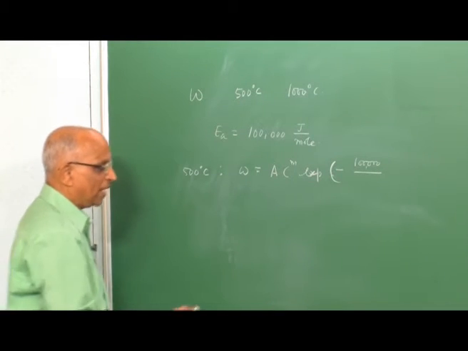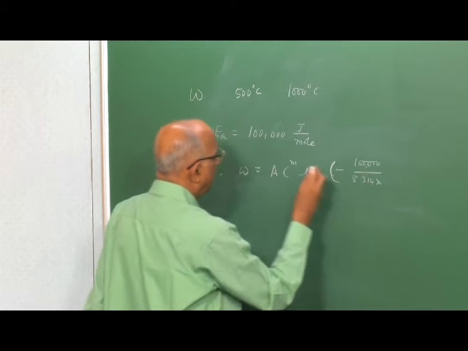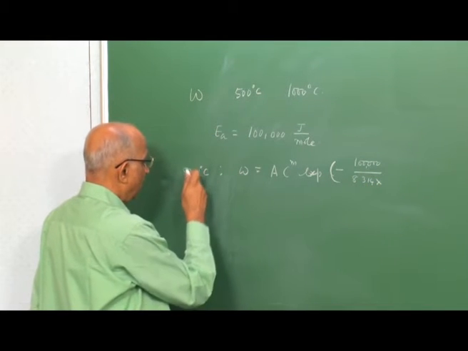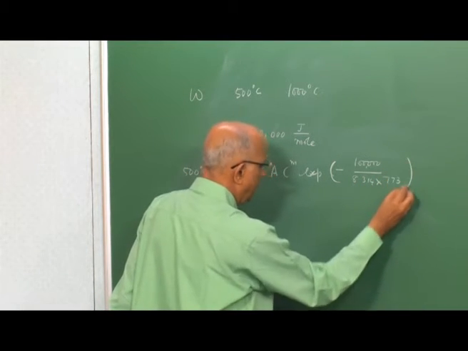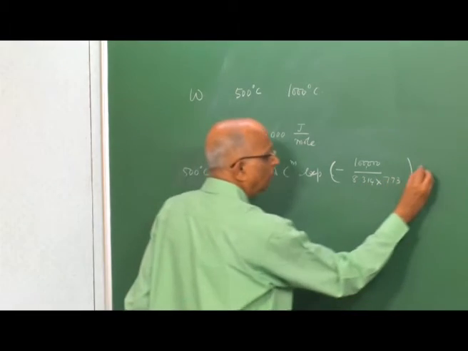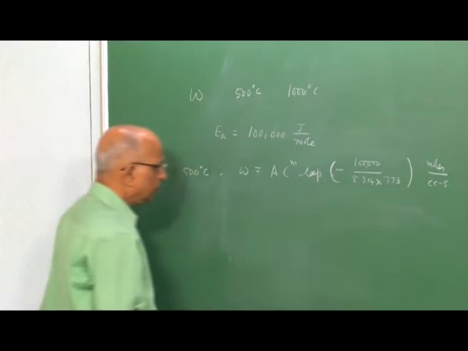The value of universal gas constant is 8.314 joules per mole Kelvin, into 500 plus 273 in Kelvin is equal to 773 Kelvin. This is the value, so much we have moles per cc second.